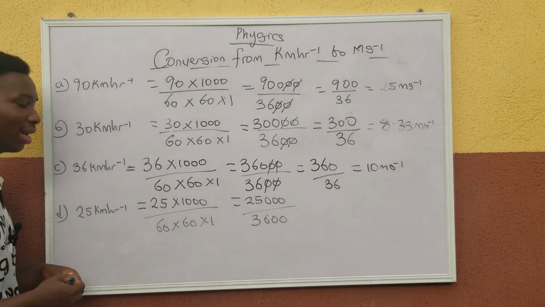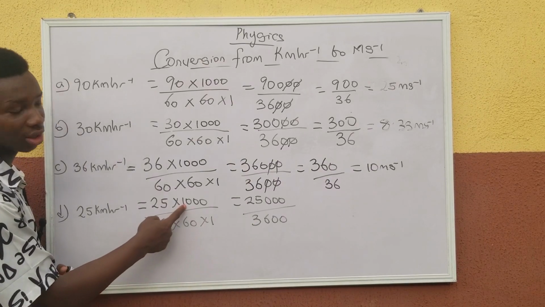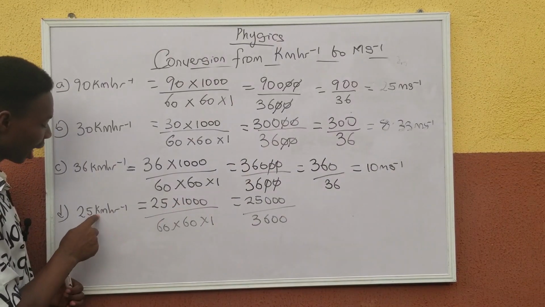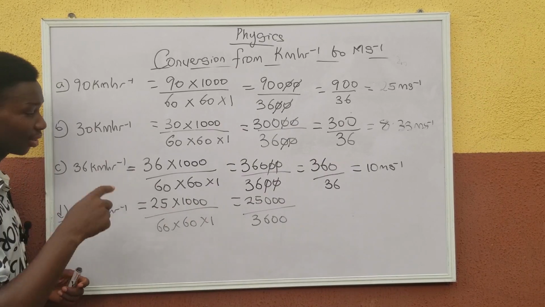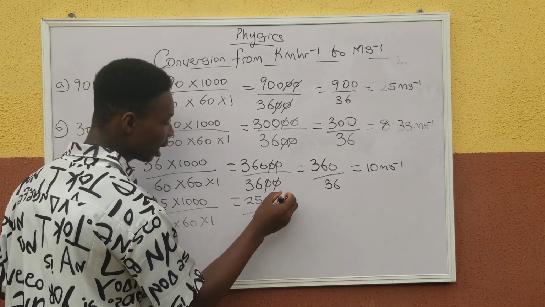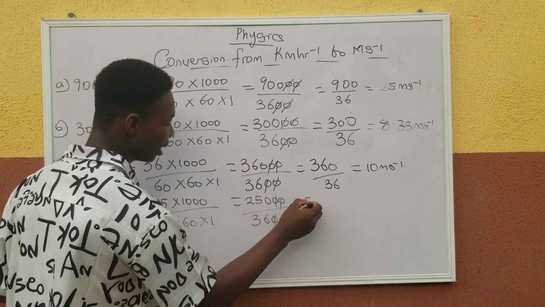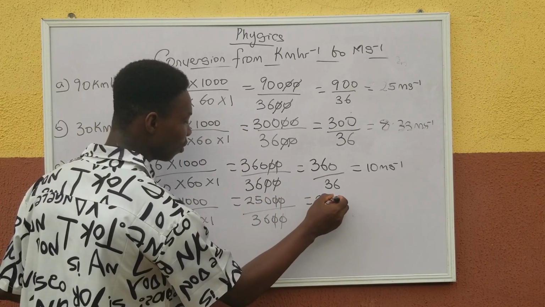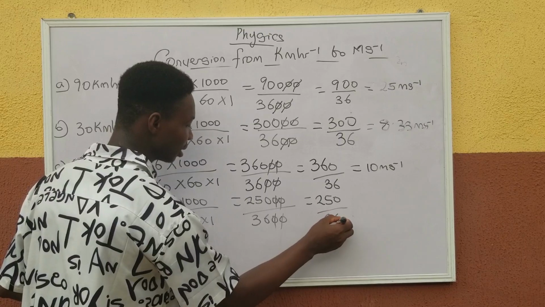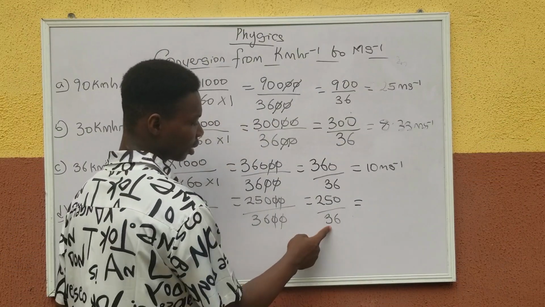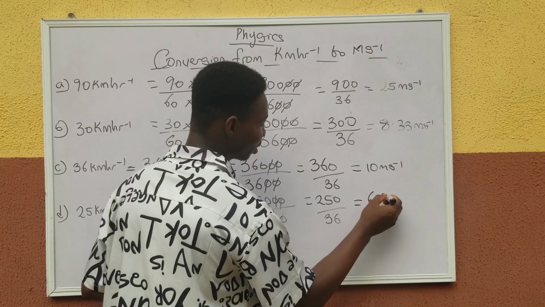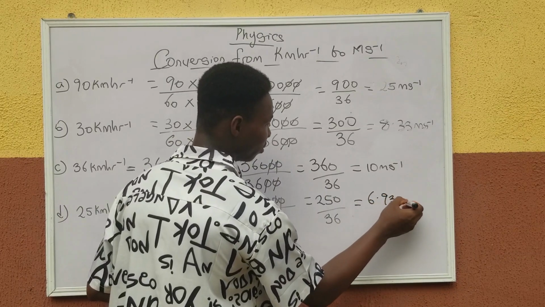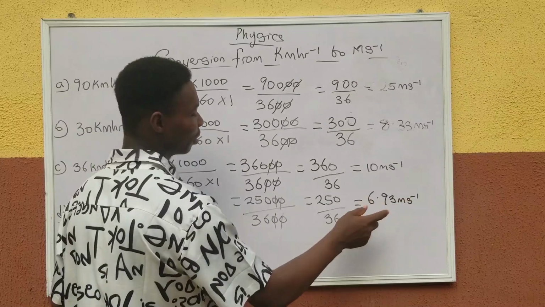So within your mind, you can be thinking, where do we get this 1000 from? In physics and in mathematics, kilo means 1000. So from here, 0 here cancels this out, we are left with 250 all over 36. So 250 divided by 36 is the same thing as 6.9 meter per second.